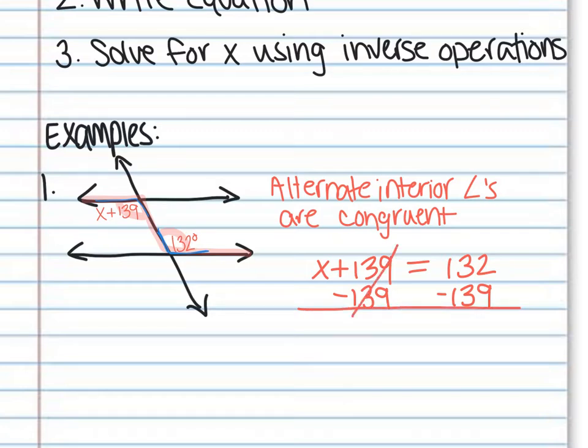Now you might want a calculator nearby. You can also just find one online. Remember, there's that one in the resources on Buzz, or you can just look up a calculator. But when I subtract 139, I have just x left on the left side, and then on the right, 132 minus 139 gets me negative 7. So I found that x is negative 7 degrees.